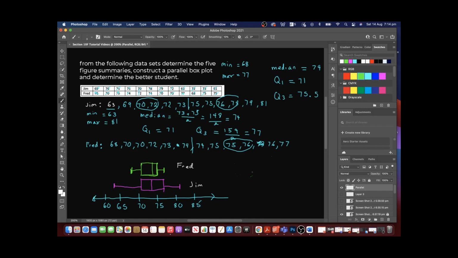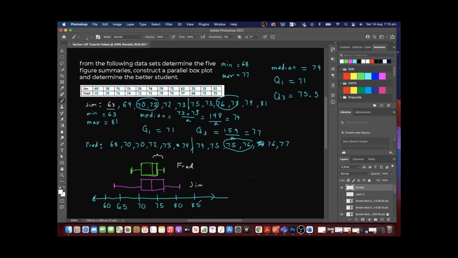So what we could say is that Jim had the highest score, but he also had the lowest score, and the biggest range of scores. We can also say that Fred had, because this is our median, 50% of Fred's scores here were above 74, and he had a very small range.